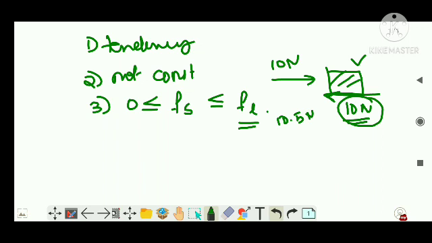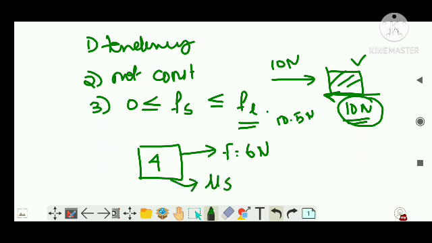If there is a 4 kilogram block, right, and I am applying a force, let's say 6 Newton, and there is a mu s, right? Mu s is the coefficient of static friction, let's say 0.2, right? So if I calculate the limiting friction, I'm just telling you, let's say the limiting friction is 4 Newton.